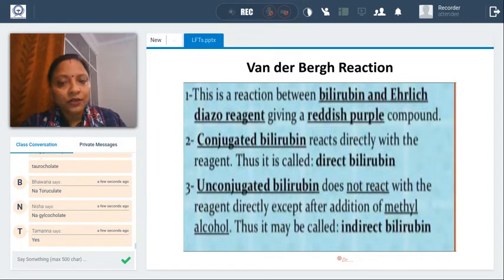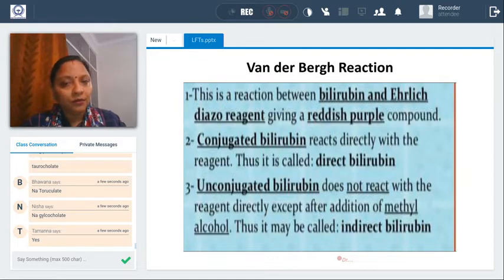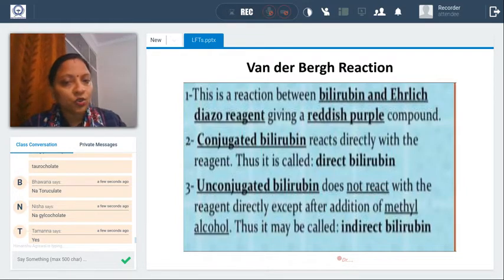Unconjugated bilirubin does not react with the reagent directly except after addition of methyl alcohol. Conjugated bilirubin gives purple color within 30 seconds, and unconjugated bilirubin reacts only after addition of methyl alcohol. Thus, it may be called indirect bilirubin. So conjugated bilirubin is also called direct bilirubin, and unconjugated bilirubin is also called indirect.